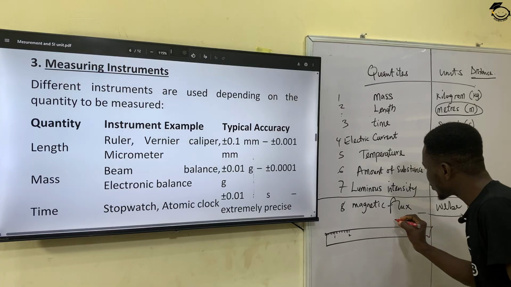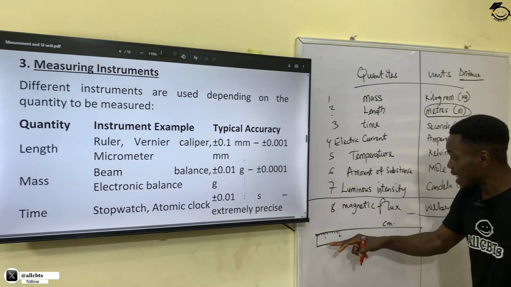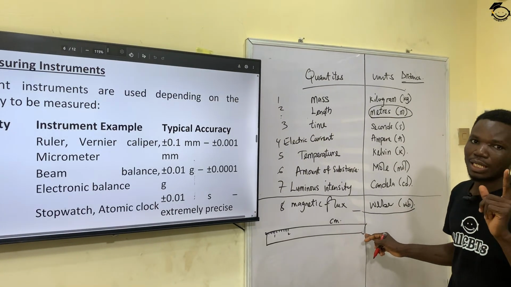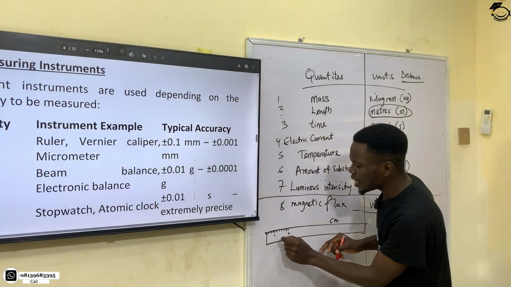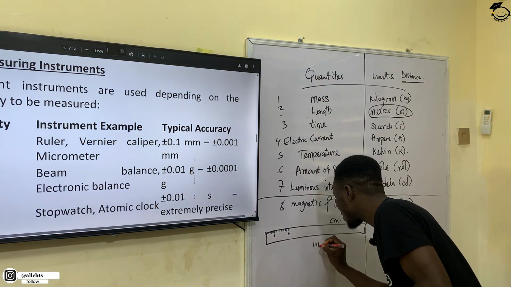So it is graduated in centimeters. In that 1 meter, I have 100 centimeters. In between each 1 centimeter, I have 10 smaller units.